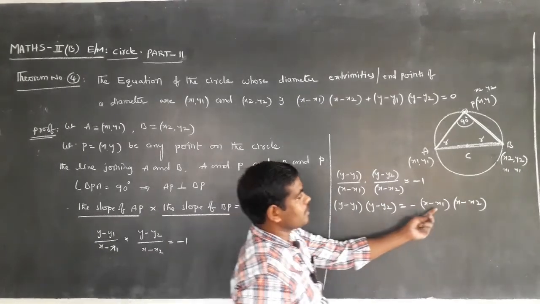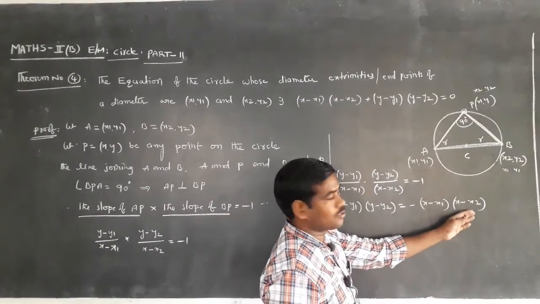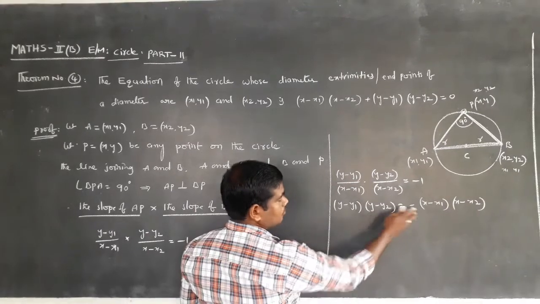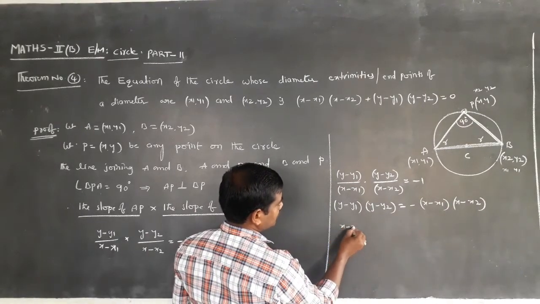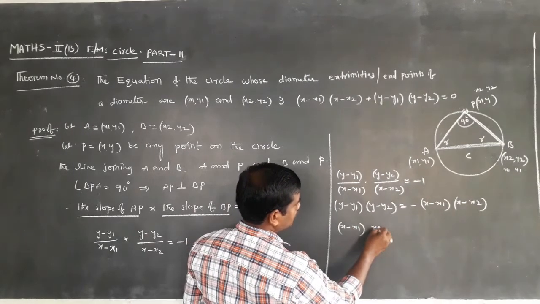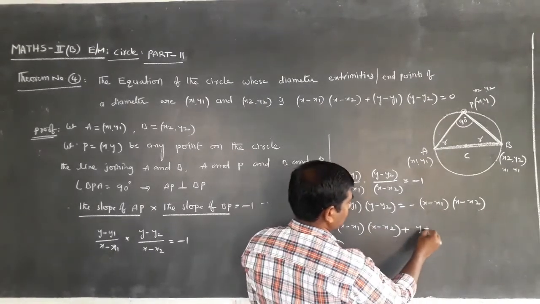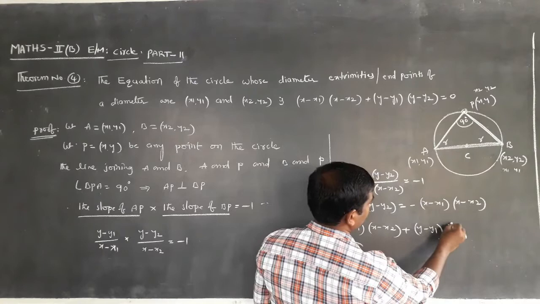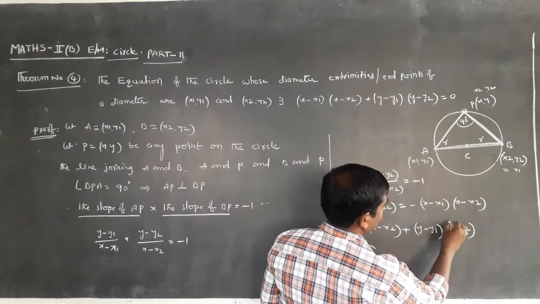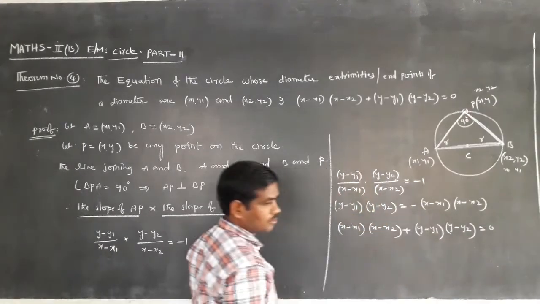Again taking (x - x1)(x - x2) to the left side, negative becomes positive: (x - x1)(x - x2) plus (y - y1)(y - y2) is equal to 0.